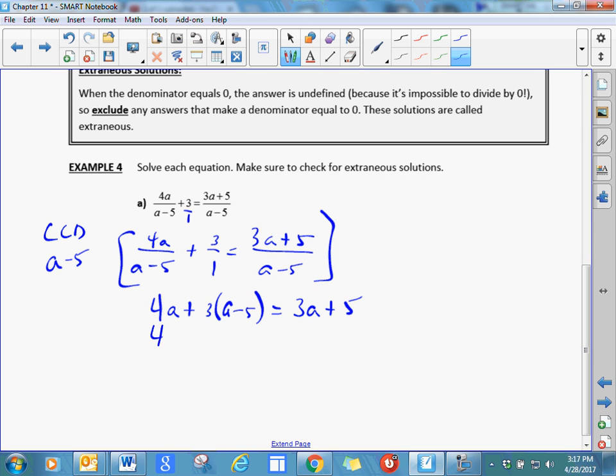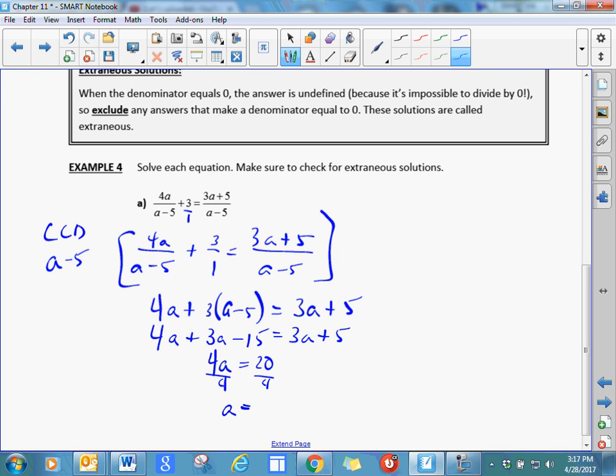So clean it up, and you get plus 3a minus 15 equals 3a plus 5. We're going to get our a's together. So I've got 7a over here, and subtract the 3 over there. That leaves me with 4a, and move the 15 over there. I get 20, divide, and I get a is equal to 5.